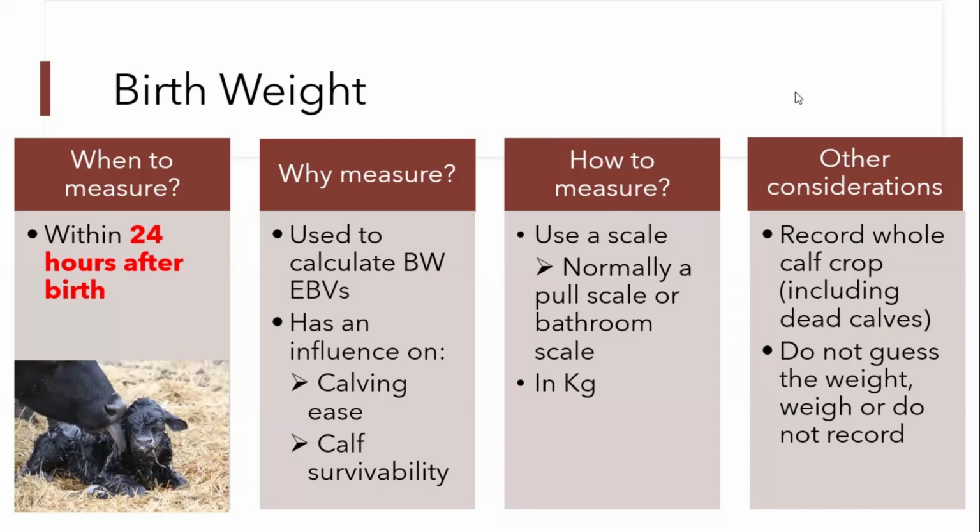Why do we record it? We record it because we can then calculate birth weight EBVs, and we do so as it has an influence on calving ease. Higher birth weights might lead to calving difficulties, and those very small calves tend to have difficulties with survival, so they might die off within those first few days.